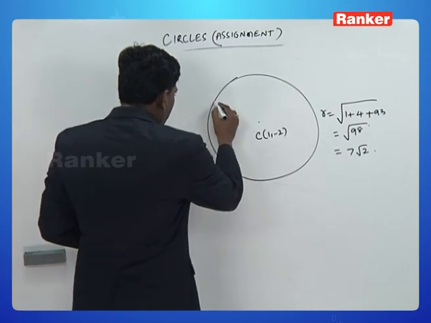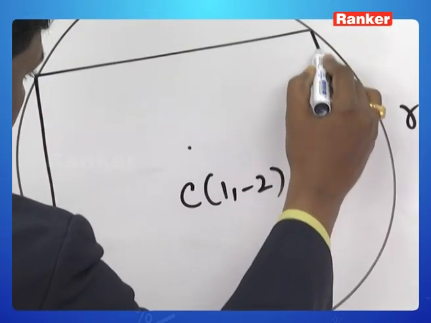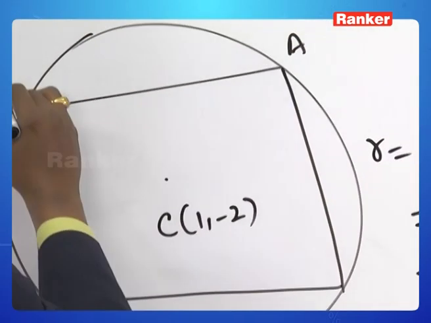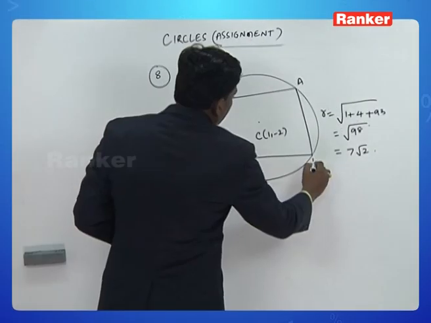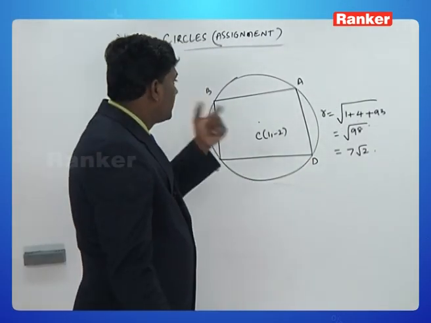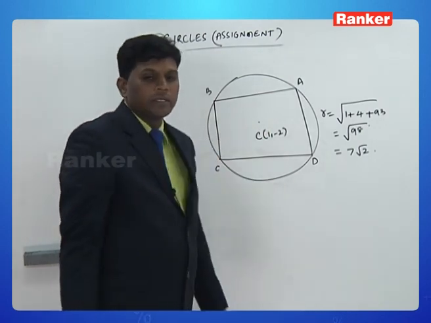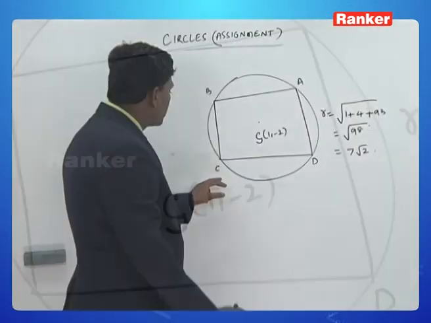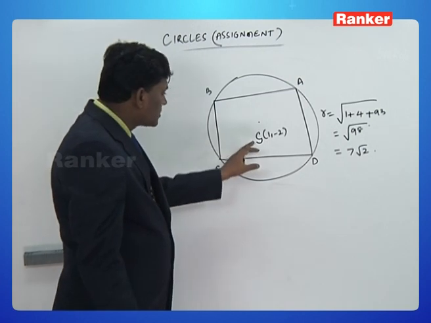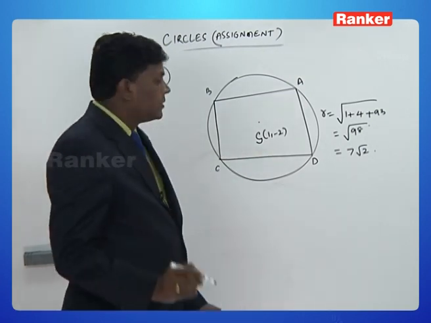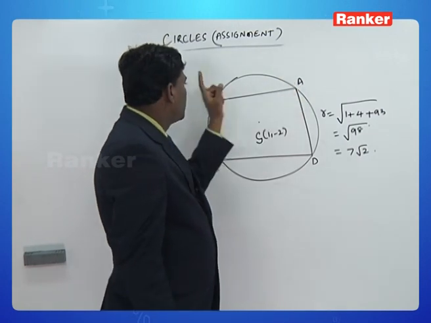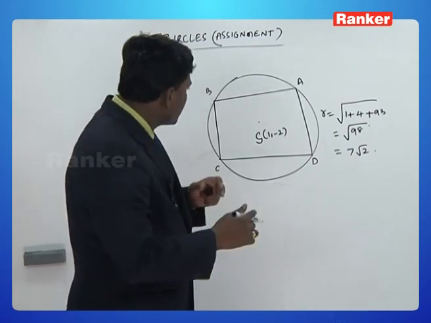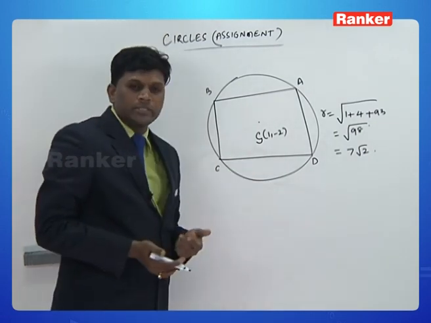So if we draw a square with sides parallel to axis, A, B, C, D, if you are taking this as the square according to the given question, let us take the center as some S, because already we have taken this as C. Now let us assume this center as S. Now the question is, we have to find out the vertices of this. In the question only one of the vertices is asked. Let us see now how to find all the vertices at a stretch.